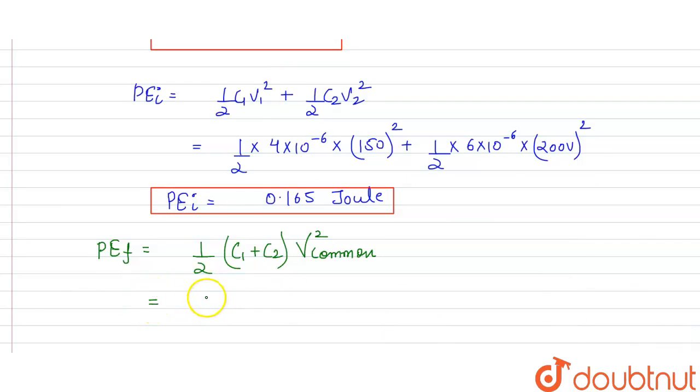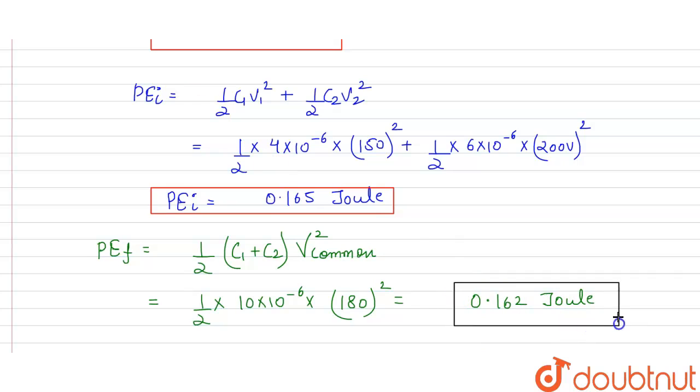From here, our potential energy final is 1 by 2 into (C1 plus C2 is 10 microfarad) into V common is 180, so 180 whole square. This comes out to be 0.162 joule. This is the amount of potential energy final in the circuit.